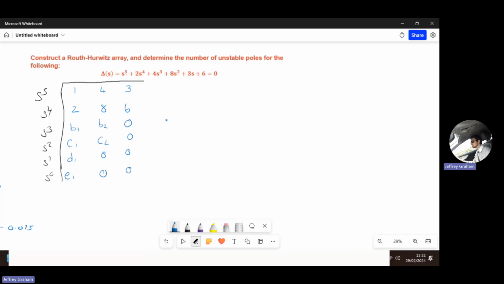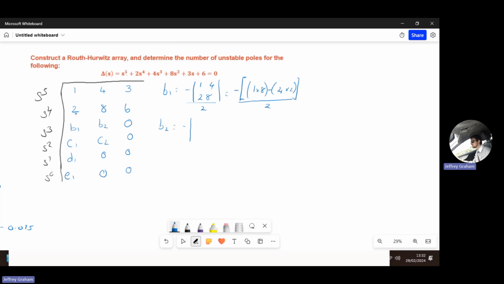Right, so starting with B1 and B2. 1, 4, 2, 8 is the determinant all over 2. That's 1 times 8, take away 4 times 2, all divided by 2.